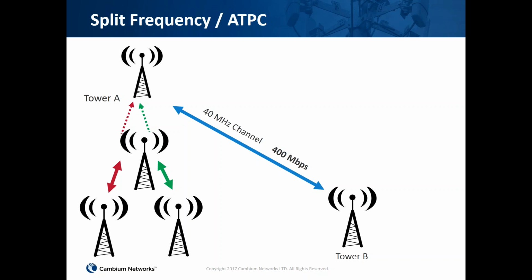So for example, in this scenario that we're going to talk about, ATPC comes in really handy a lot. Let's say you are on tower A and you want to connect to tower B. You've done your research and you find out you have a really good clean spectrum, a channel bandwidth of 40 megahertz that is available, and you should be able to get a throughput of around 400 Mbps with the PTP 670.